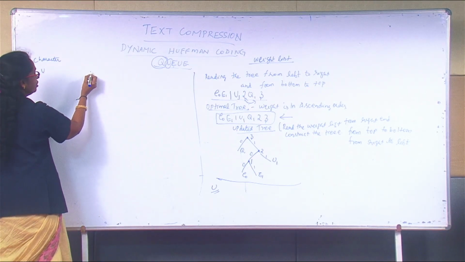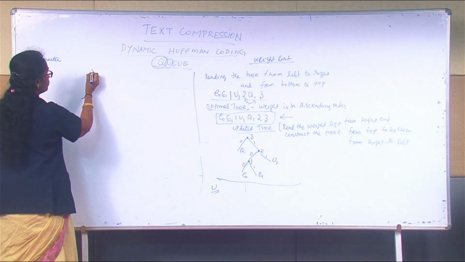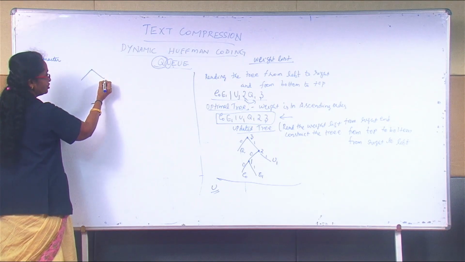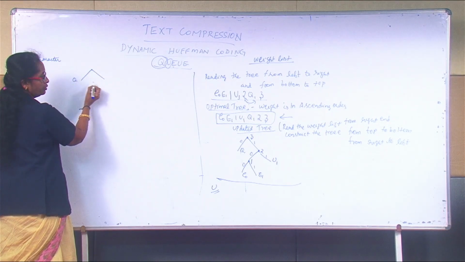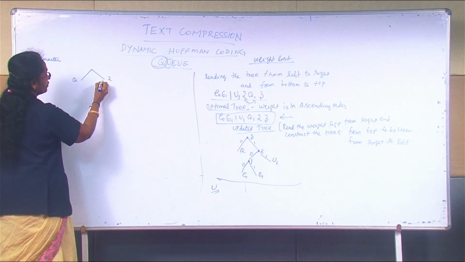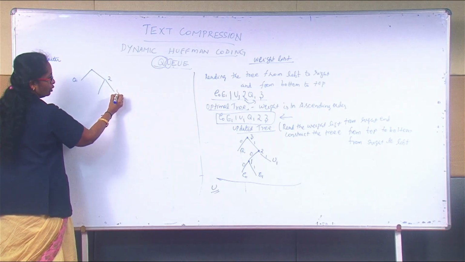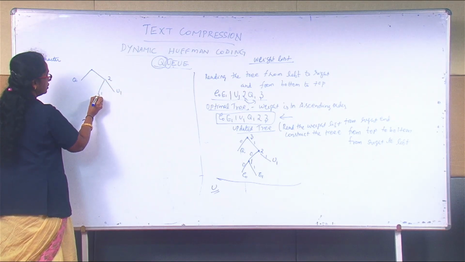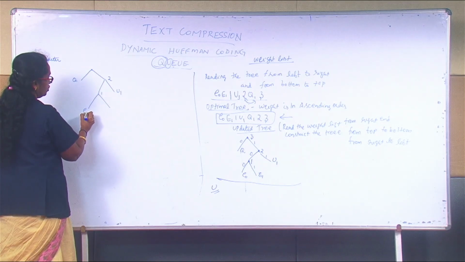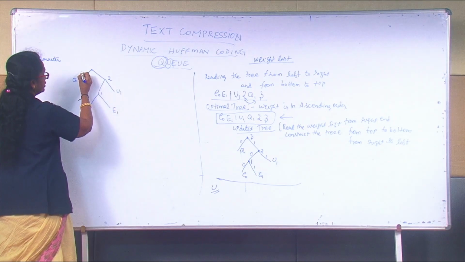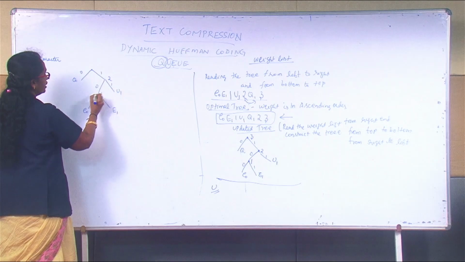Character is U. Therefore, you redraw the tree of the previous stage as such. Therefore, it is Q1, it is 2, U1, 1, E0, E1, it is 0, 1, 0, 1, 0, 1.